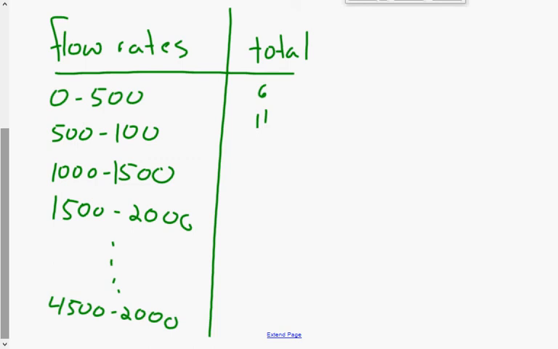And the total is the amount of times that this occurred. So this is all my data points.